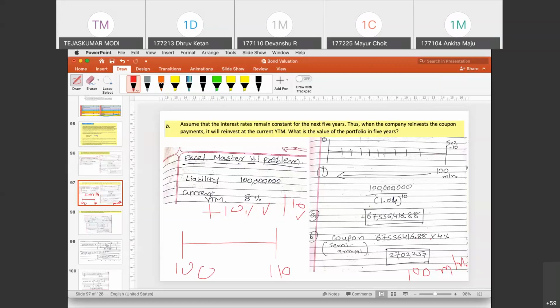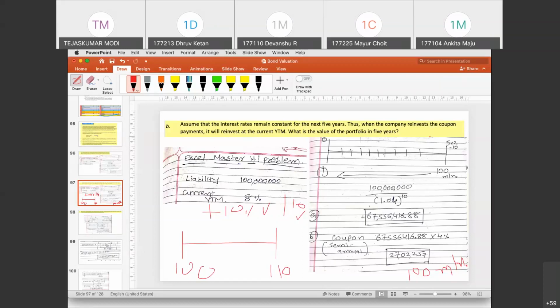So how much coupon will I receive? I will receive this much coupon. So the question is, when the company reinvests the coupon payments in the market, it will reinvest at the current YTM, that is 4% return, right? What is the value of the portfolio in 5 years? Tell me. What is the value of the portfolio in 5 years, Ankita? Please give it a try, beta.